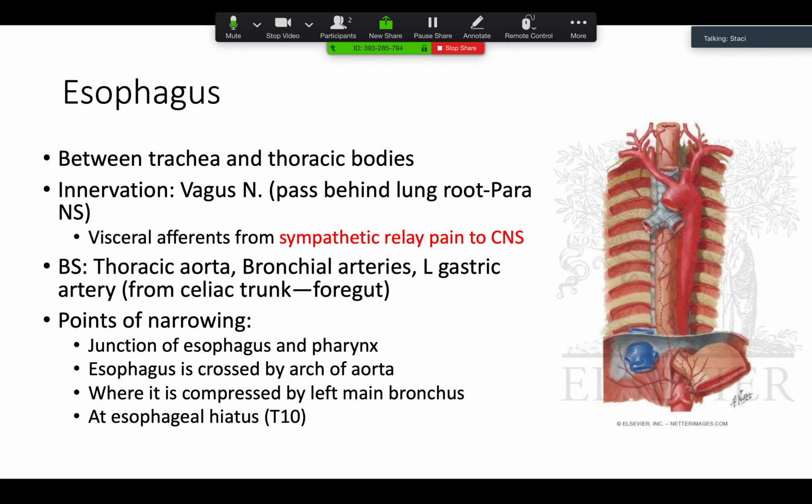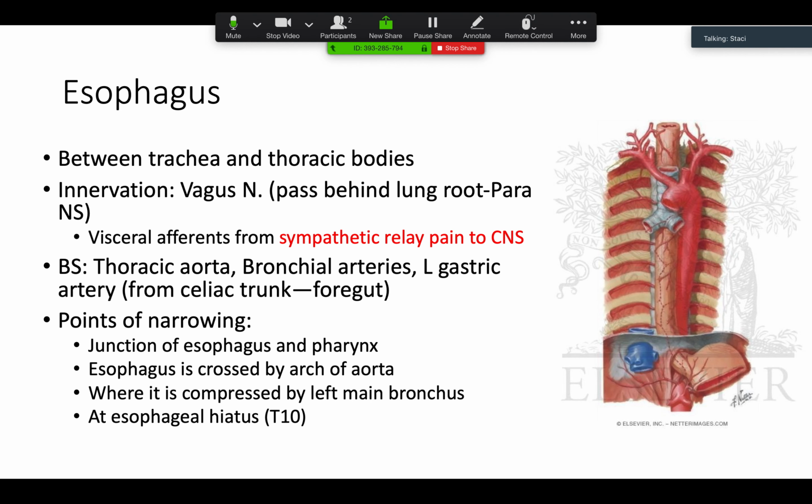So we've got our esophagus, and that's going to be in between the trachea and the thoracic bodies. It's really important to remember what is in front and what's behind, or what's beside. For example, they could ask you a question like, there's a mass growing in the esophagus, and they want you to know what's behind it or what's in front of it.